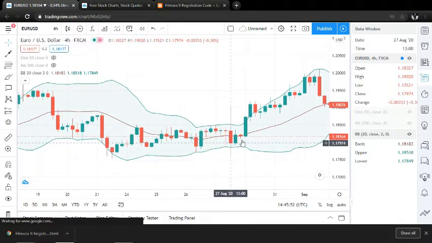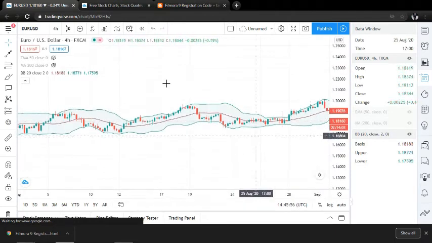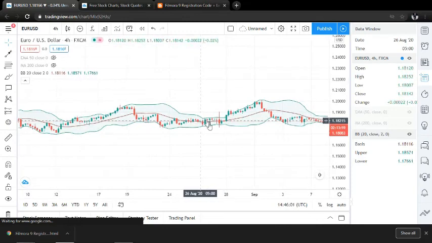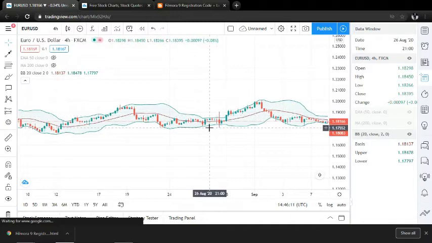So before I move on, let's go back in time to see those periods of chokes in the market. So here we have sort of a choke here. The market was expanded at this point, and then all of a sudden we saw a choke around this place.